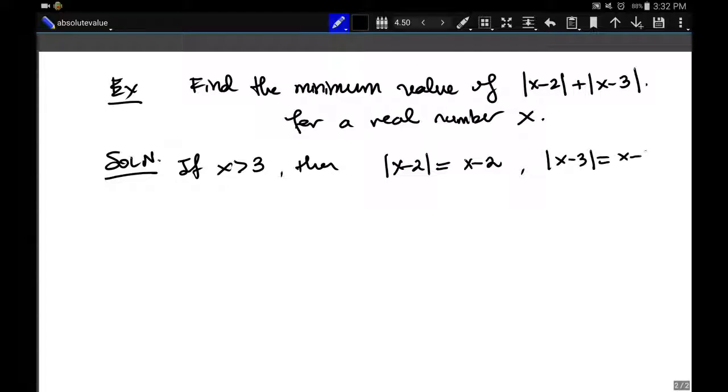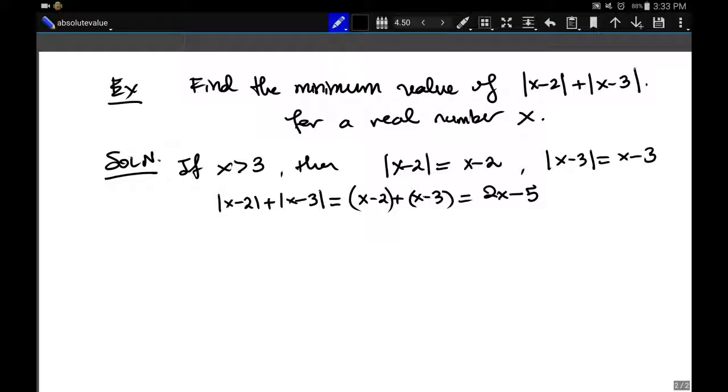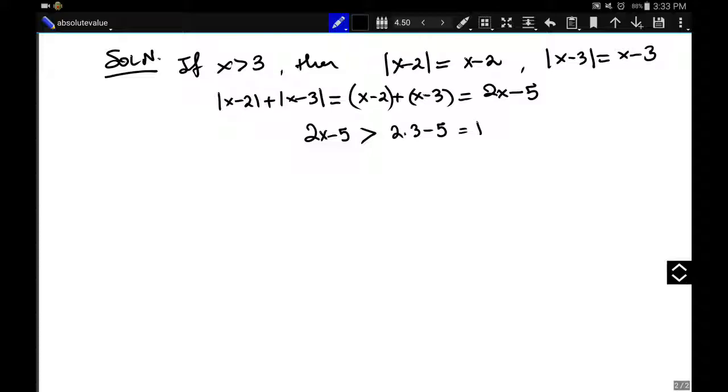So the sum |x − 2| + |x − 3| becomes x − 2 + x − 3, so 2x − 5. Since x is bigger than 3, this quantity 2x − 5 is bigger than 2 times 3 minus 5, which is 1. So this quantity is bigger than 1. This is the first observation.